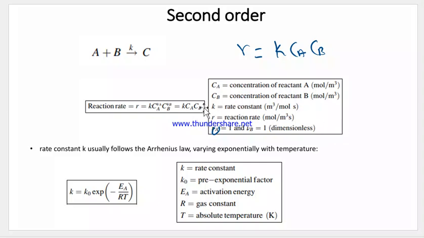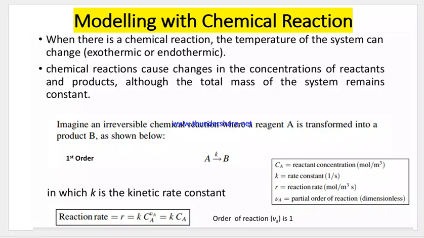In the K CA that we looked at earlier, the reaction rate is equal to K CA, which means 1 over second times mole per meter cube. That means we have to multiply by volume to give us meter cube and delta T to give us time in seconds. When meter cube and seconds cancel, we are left with mole.